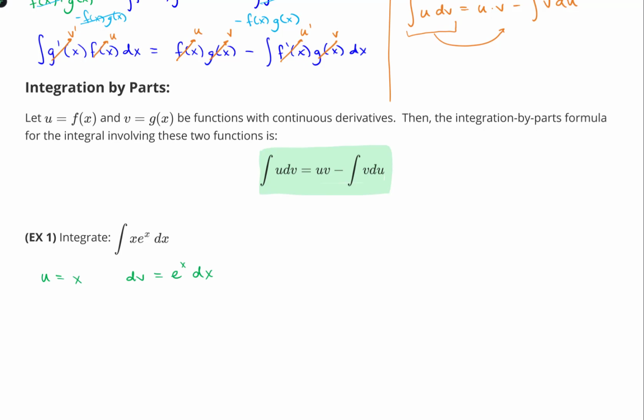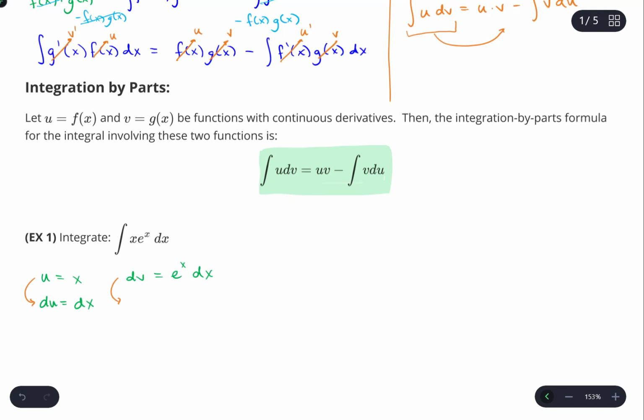And I can get the rest of these parts if I were to take the derivative of u, which would give me du, which in this case would just be 1 times dx. And then if I integrate dv, that would give me v equals the integral of e to the x dx, which is just e to the x.